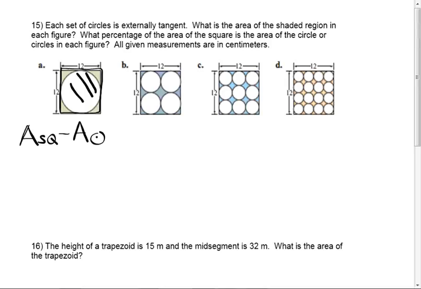Okay, I'm going to take a square here. I'm not going to do a very good circle because I'm not very good at this. And I'm going to draw a circle here. I just want the shaded regions. So I'll try and shade too. Okay, not a great model, but it works.